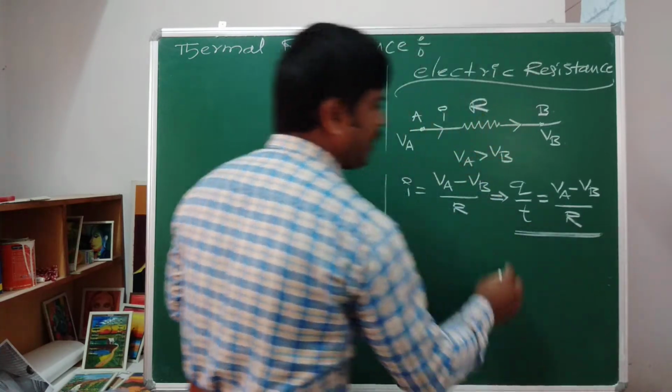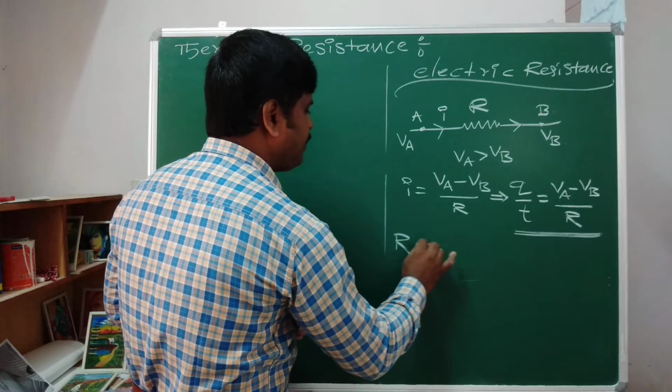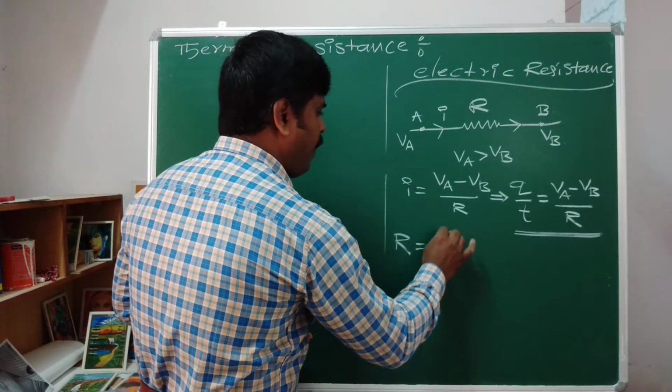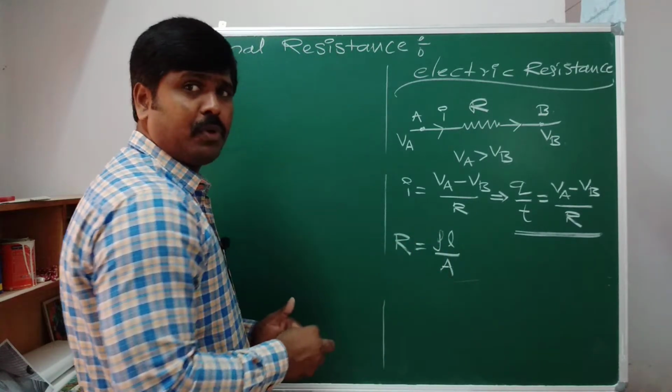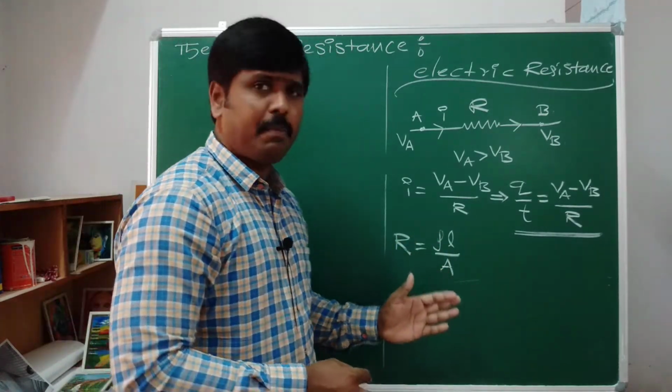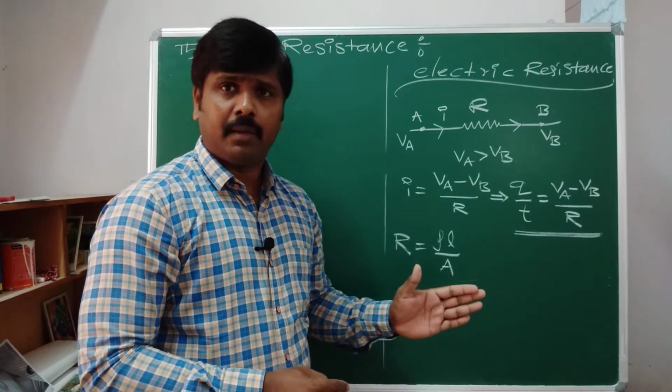In which R is the resistance. So resistance R is equal to rho L divided by A. Here resistance is directly proportional to the length and inversely proportional to the area. Rho is the resistivity.